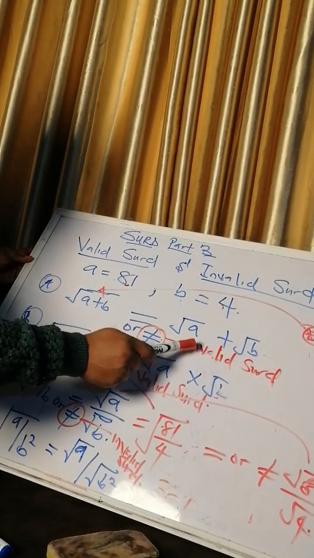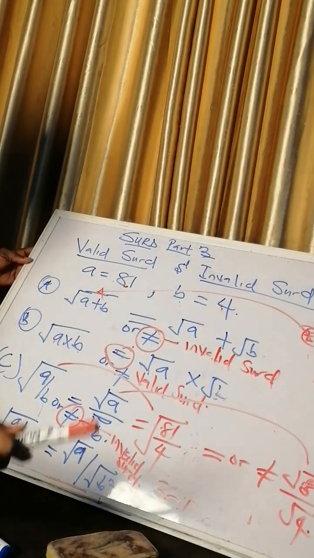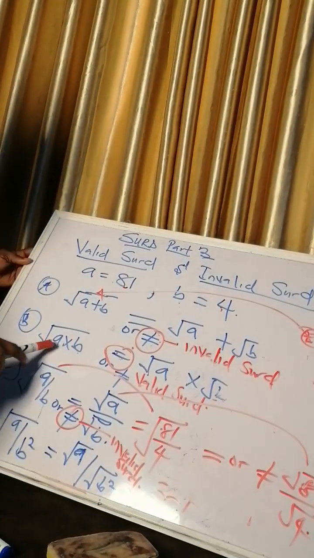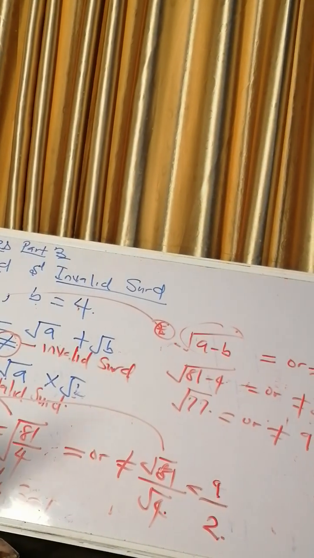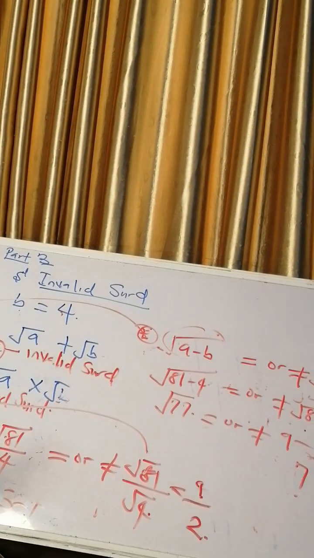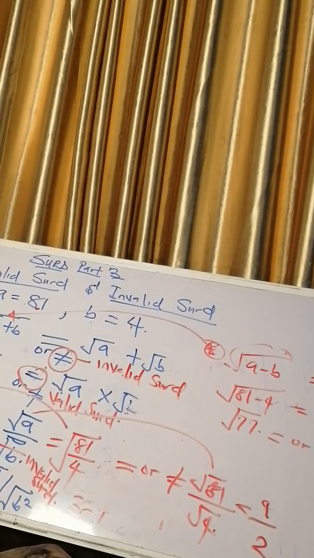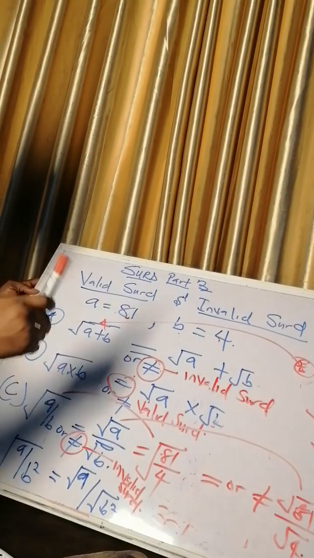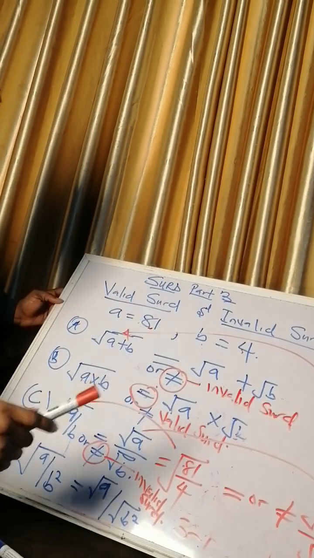What this invalid is telling us is that you cannot add surds together except if you obey the condition. Now, this part is telling us that you cannot subtract surds except you maintain the condition before you do it. Then this multiplication is telling us that you can multiply surds without maintaining the condition.